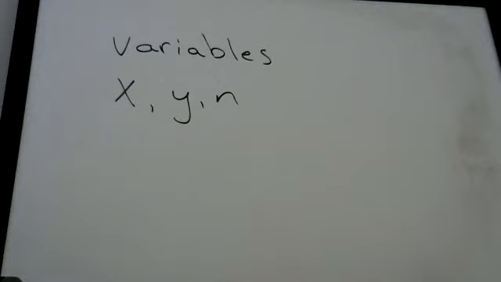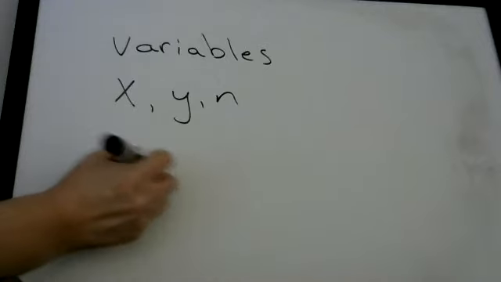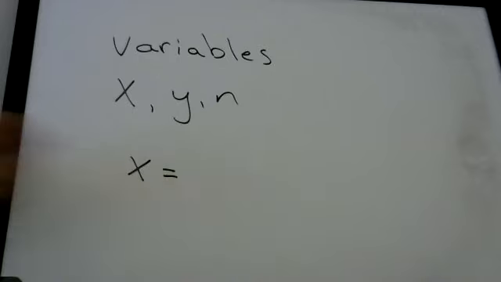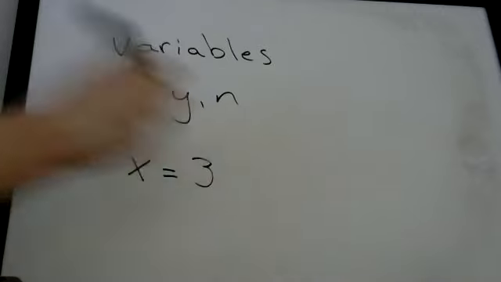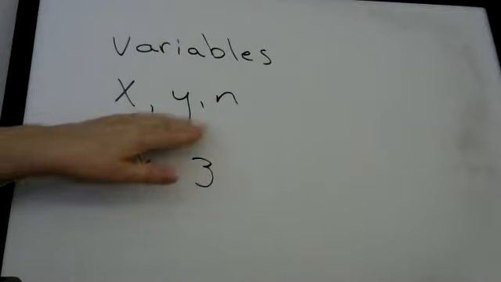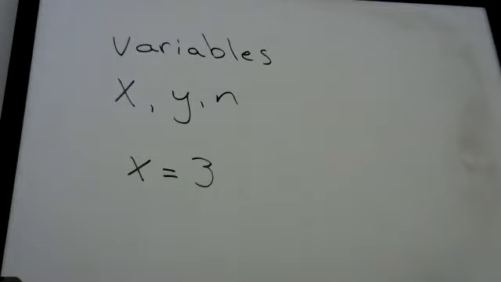At the end of what you're trying to do, you would have the variable X equals some sort of number, X equals 3 or something. So the whole point of algebra is to get to this stage where you solve for what the variable in the problem equals. But they are just representing numbers.